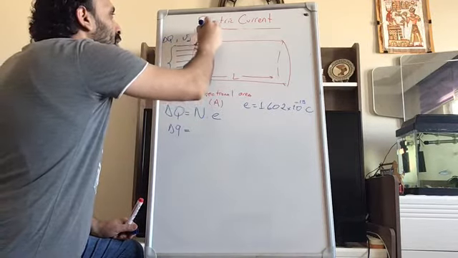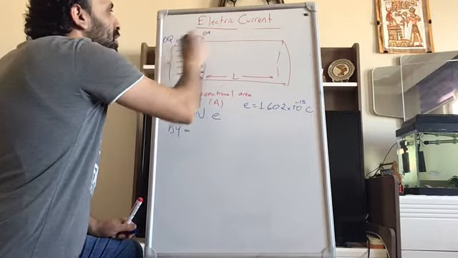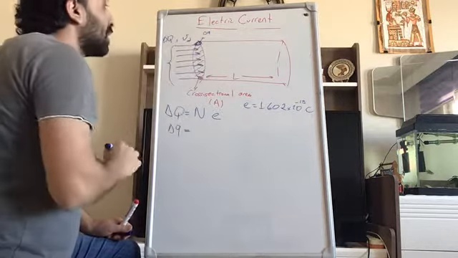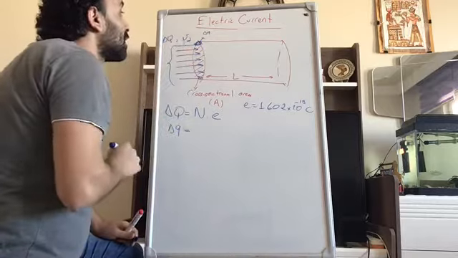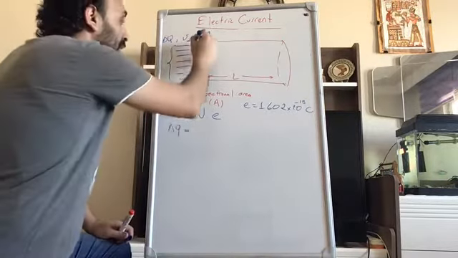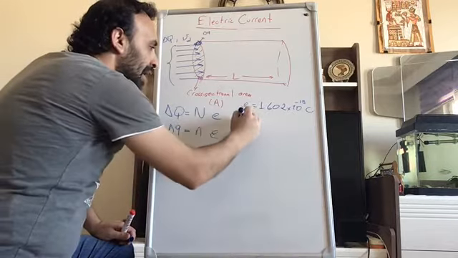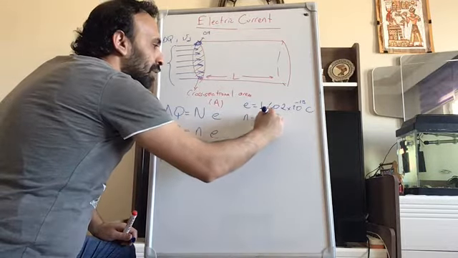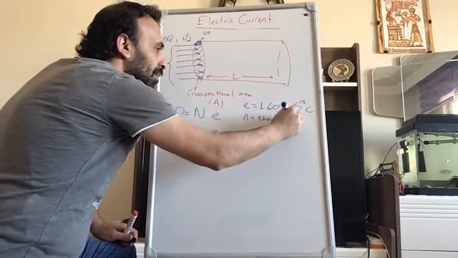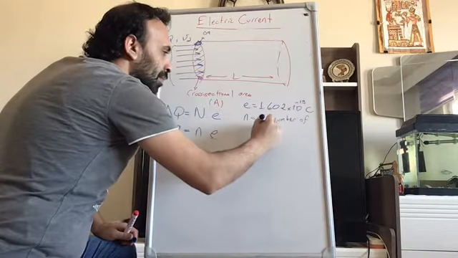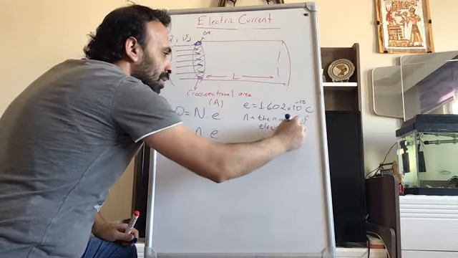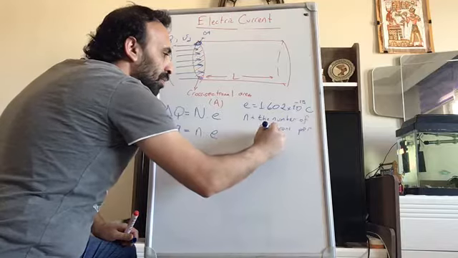Here the total charge passing through this unit volume is delta Q. So it's going to be n times e, and here n is the number of electrons per unit volume.